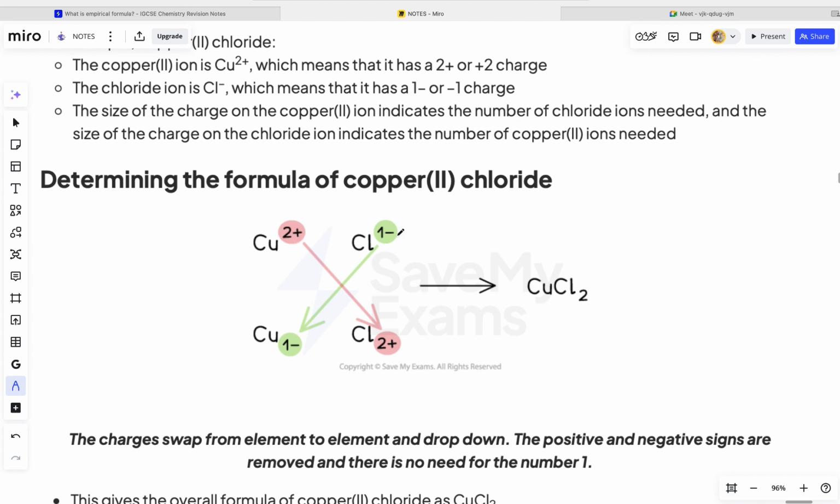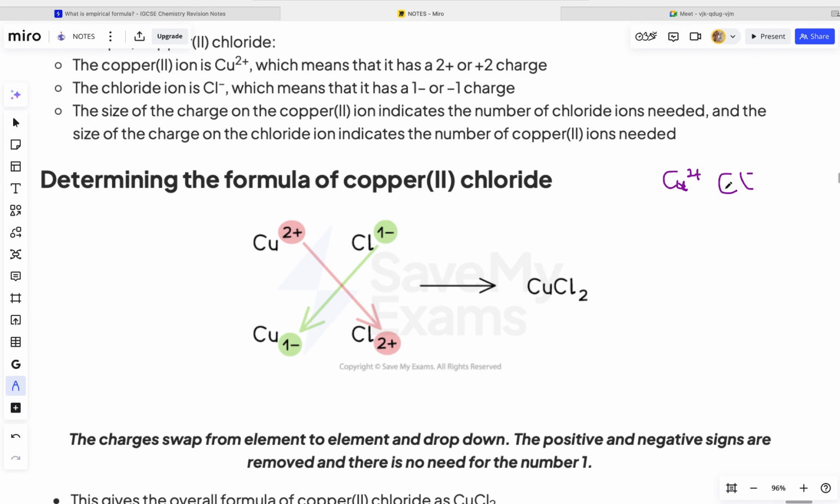Chlorine has only 1 ion, so you can see that they have opposite sign, but they don't have the same magnitude. Since the magnitudes are not the same, we do cross. We write copper 2 plus, and then you write chlorine minus.